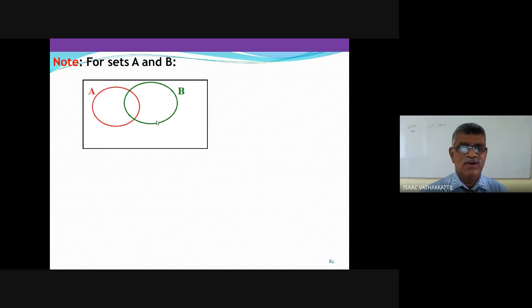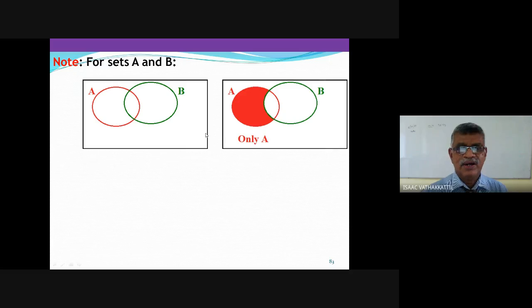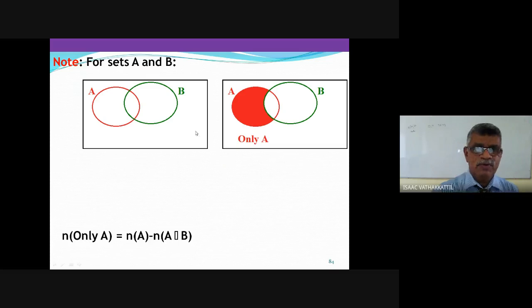Now, for sets A and B, look at which is the portion only A. You can identify what we mean by only A and what is only B. Only B is the portion which is in B only. If we want to use the diagram, we can very much use it and proceed.